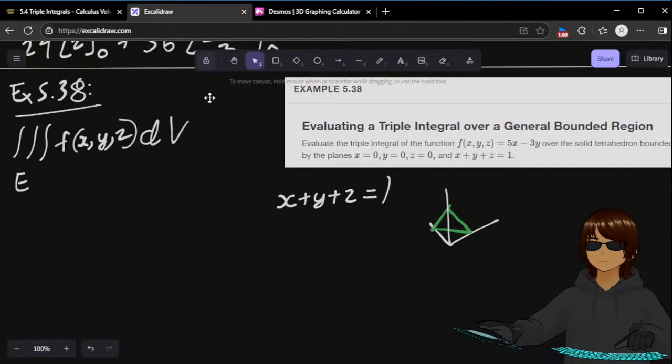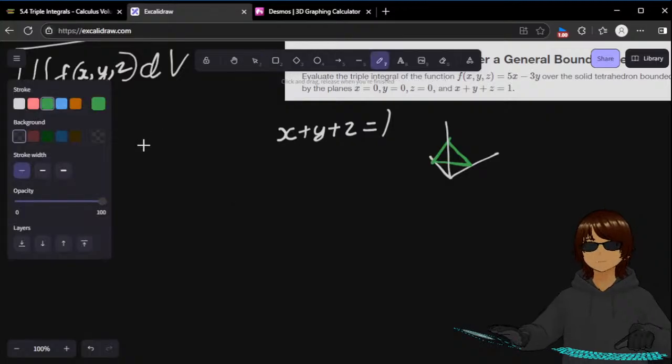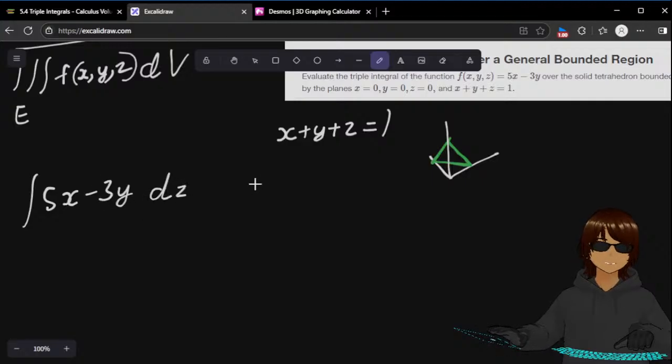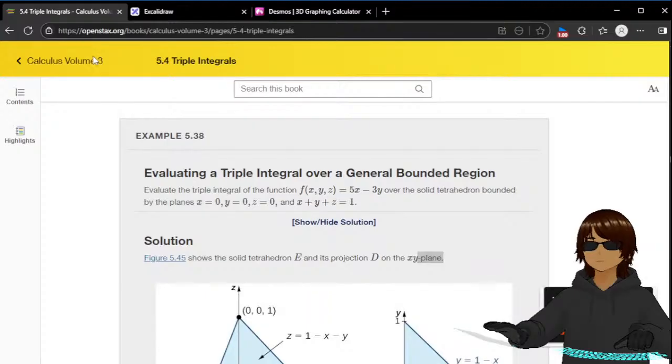Okay, let's try that. 5x minus 3y dz from 0 to 1 minus x minus y, but there's no z though.